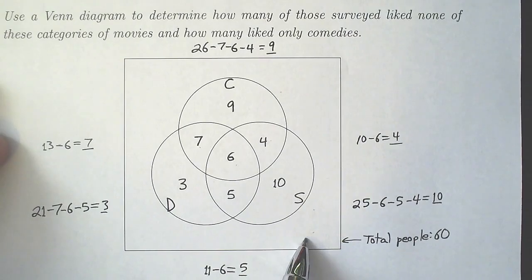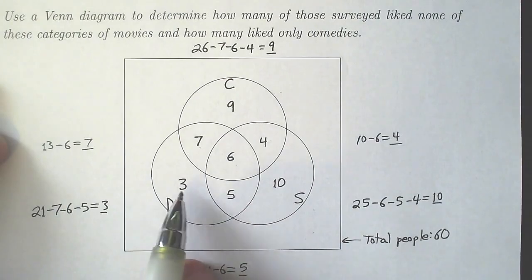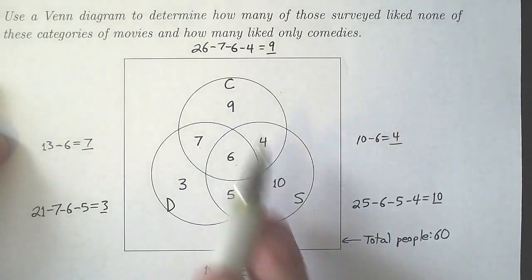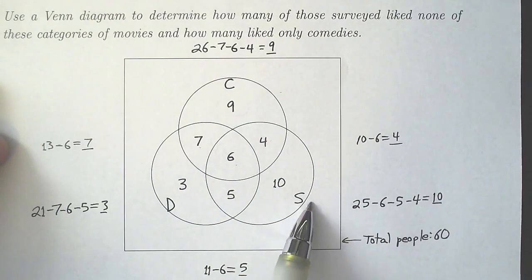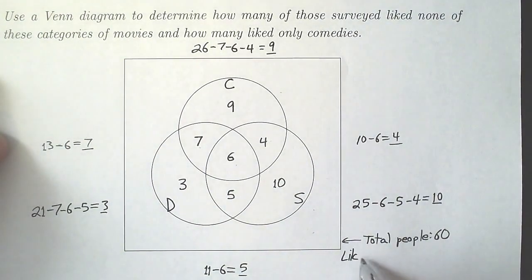It's not 60 because, look, we have so many people already accounted for. So the number that I write out here is going to be the number of people who don't like any of these 3 categories. They're not comedy fans, drama fans, science fiction fans. They're just other people who were surveyed. So we'll say they're the number of people who liked none.